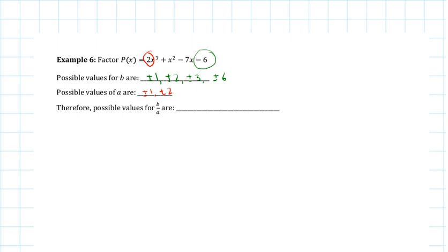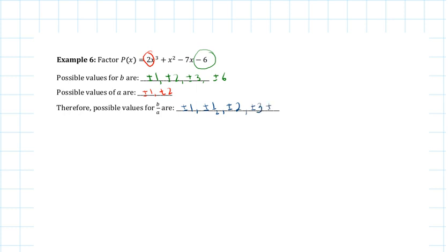Now we're going to have to find the possible factors by dividing b over a. So that's going to be plus or minus 1, plus or minus a half, plus or minus 2, plus or minus 3, plus or minus 3 over 2, and plus or minus 6. If I divide 2 by 2, that's going to give me 1, so I don't have to rewrite that.